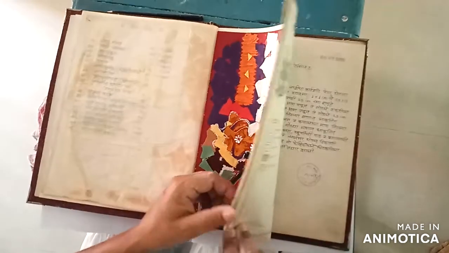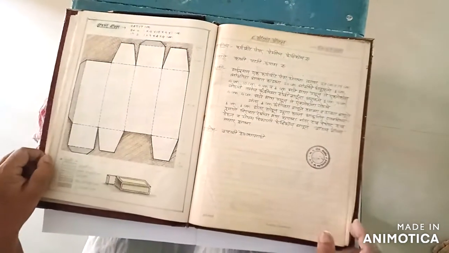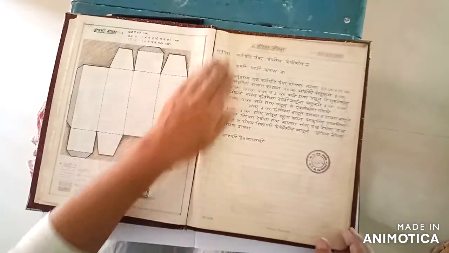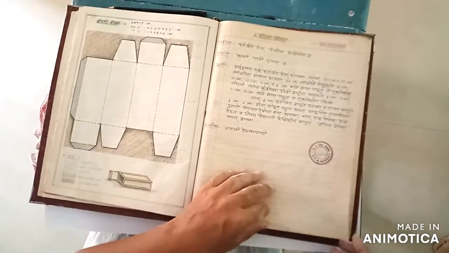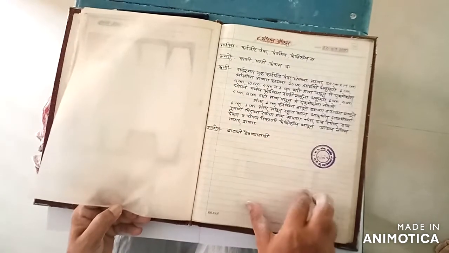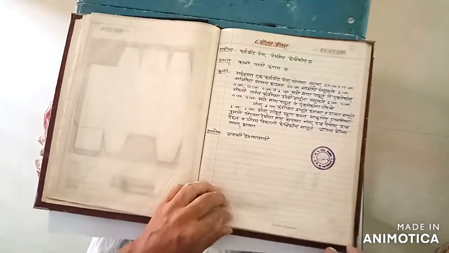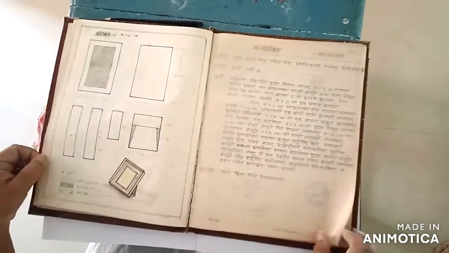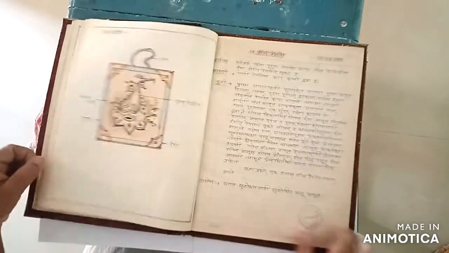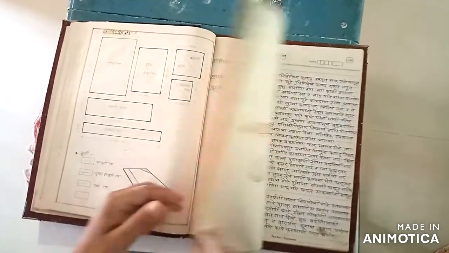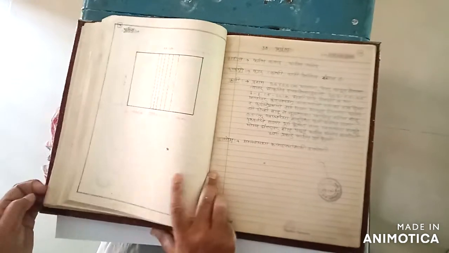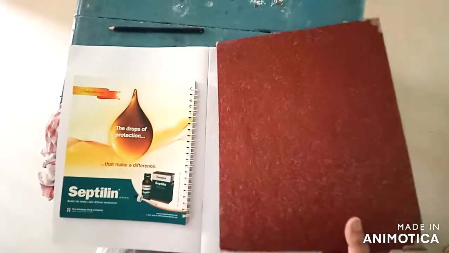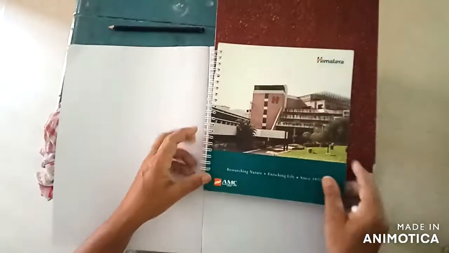One artwork I have done. So this page is mainly about the craft. So the related figures, and here a procedure I write in this way. This is done. Okay. One more thing.